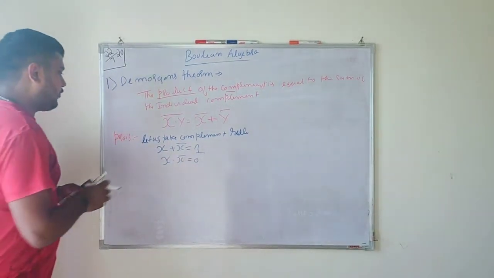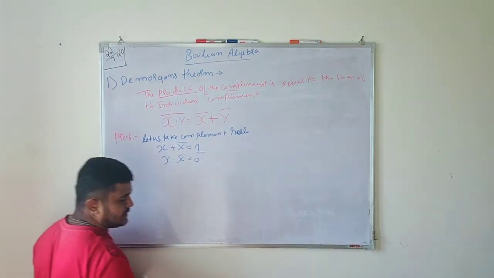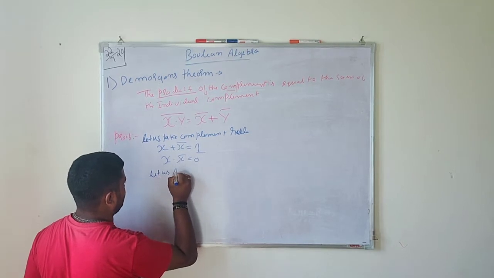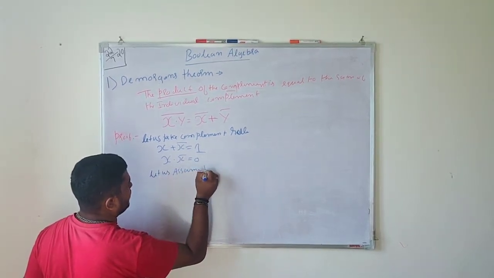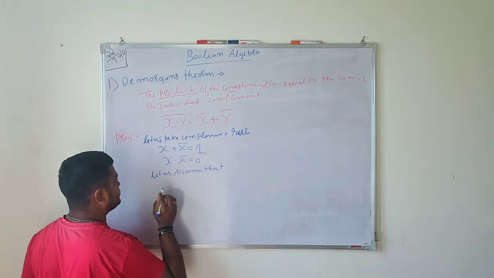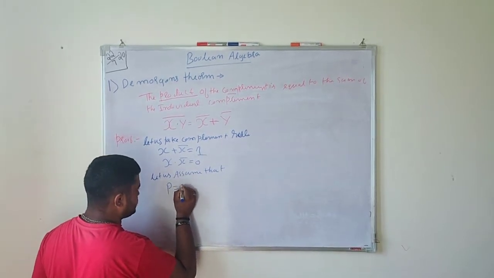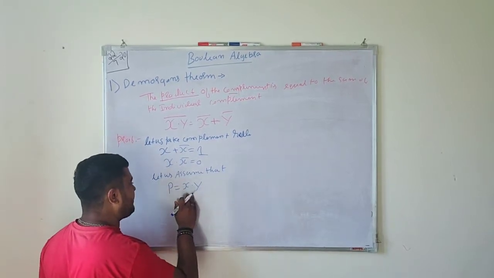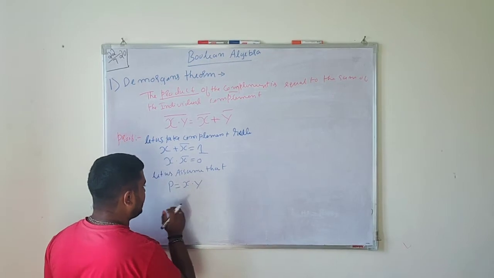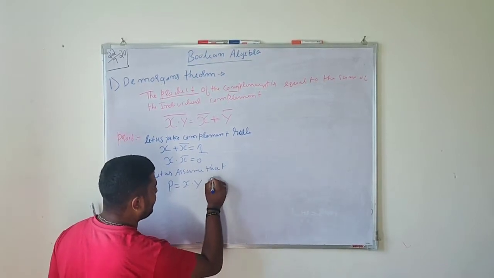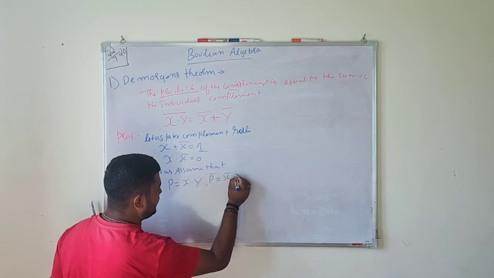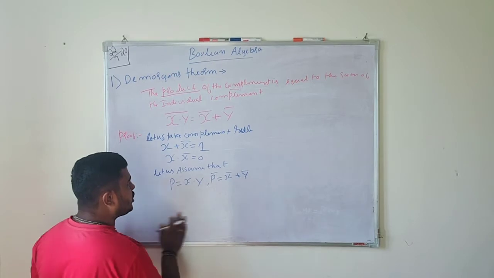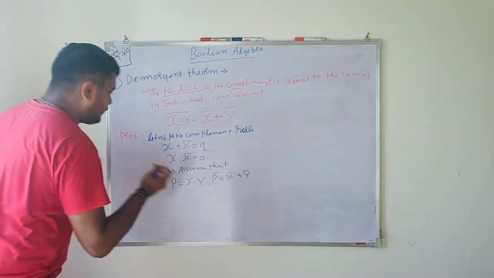For this let us assume that P is equal to x into y, because it is a product, and P bar is equal to x bar plus y bar, the sum of the individual complements. This is the assumption. Now after assuming, what should we prove?